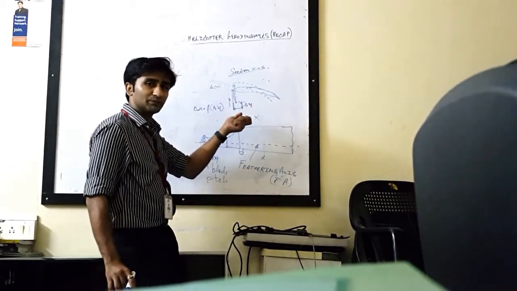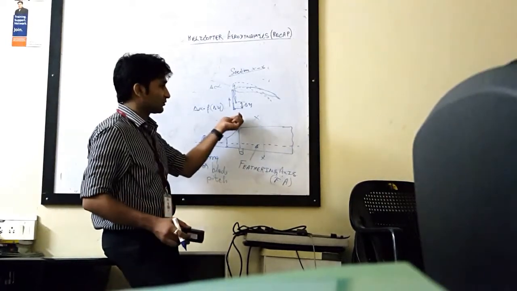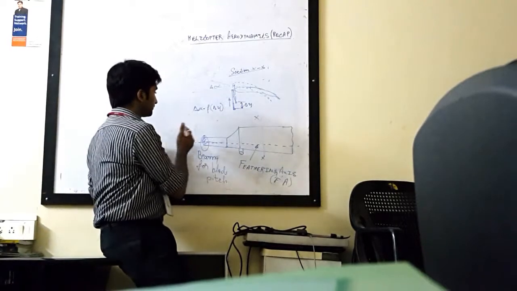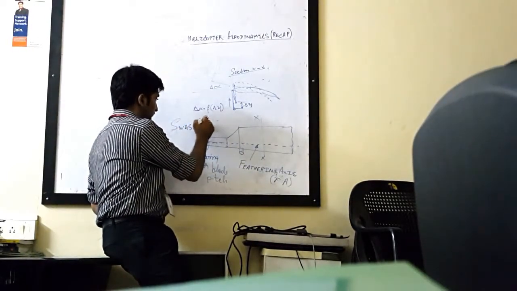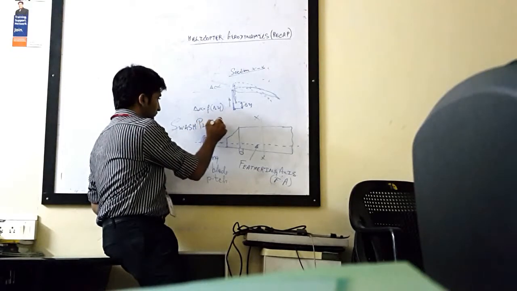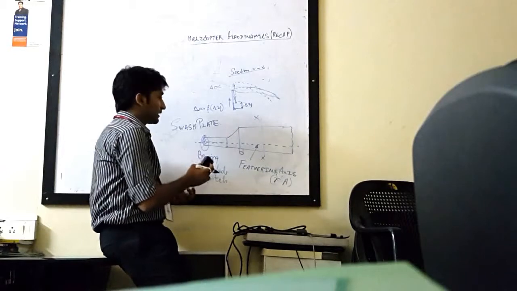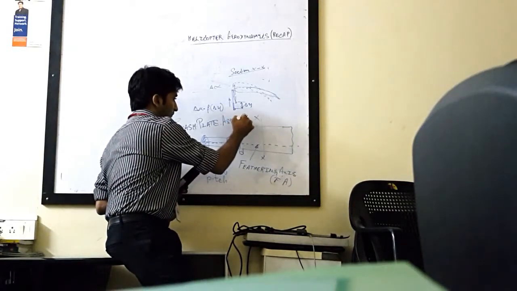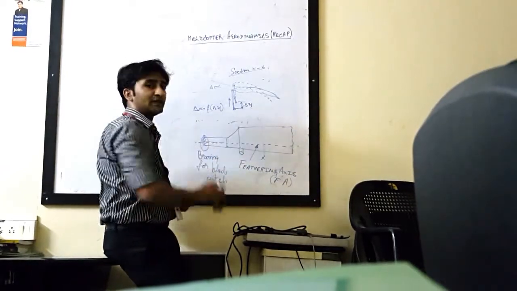So now that you know that something like that is available, how is it made possible? Alright. Now this is made possible by using an assembly called the swash plate assembly. Okay, we'll see what it is and how it works.